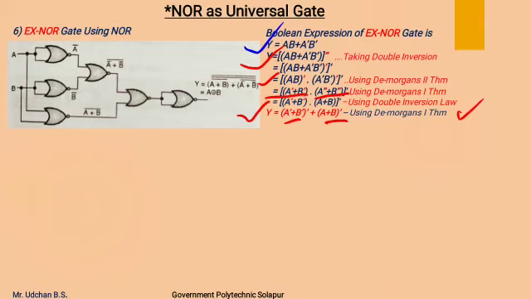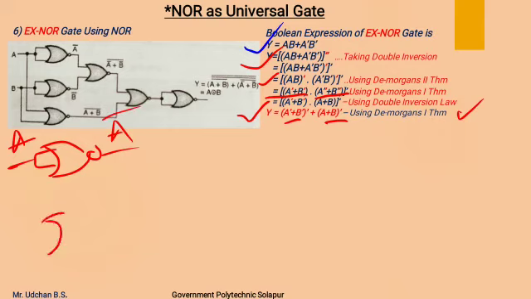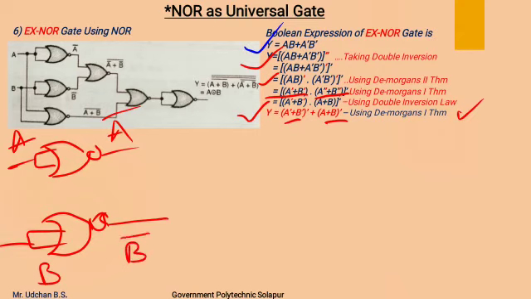So I will use a NOR gate as a NOT to get A complement, another NOR gate as a NOT to get B complement. Now I am having A complement B complement.